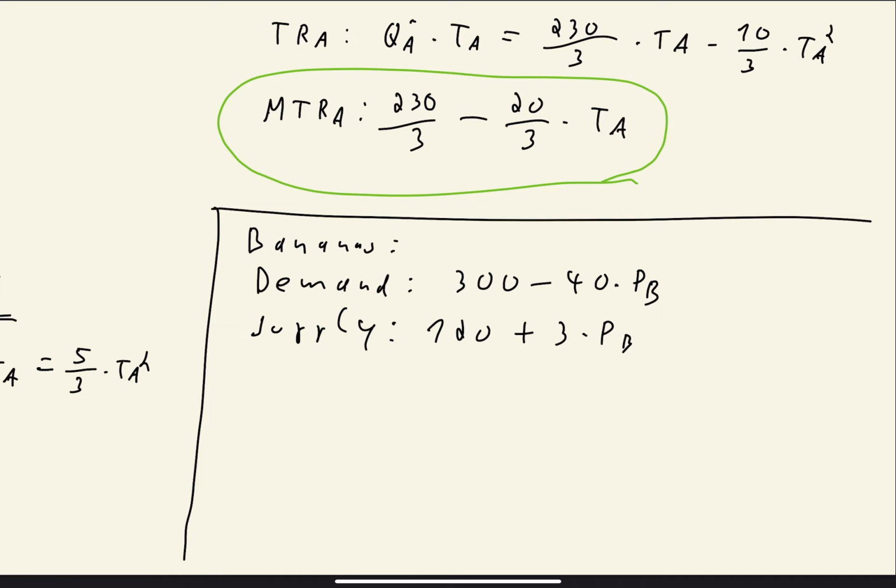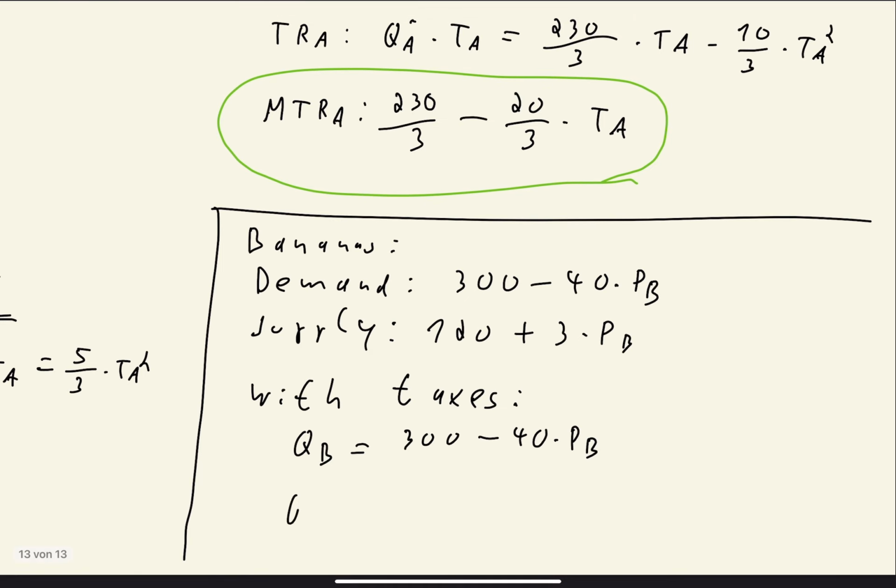And now here we do not have a tax on consumption, but a tax on production. So there will be a change in the demand in the supply side. So with taxes, we have a demand which is equal to 300 minus 40 times PB. No changes here.